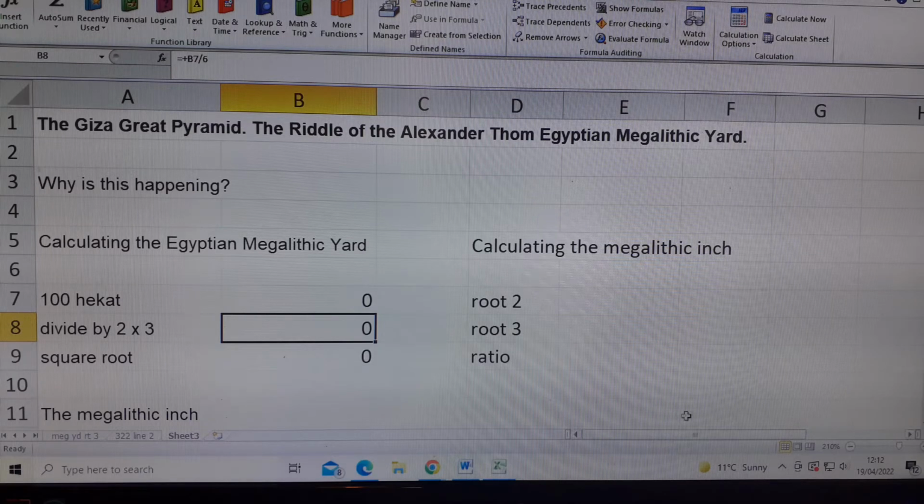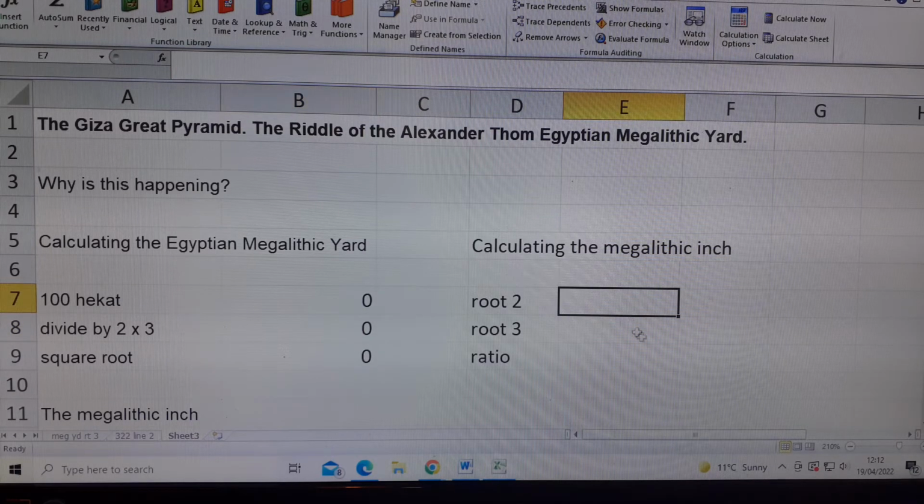And it's very easy to show that this calculation is in fact Egyptian, because we're going to work from 100 hecat. The reason why it works as a clue is that the Egyptians knew the results of using root 2 and root 3, multiplying them together.